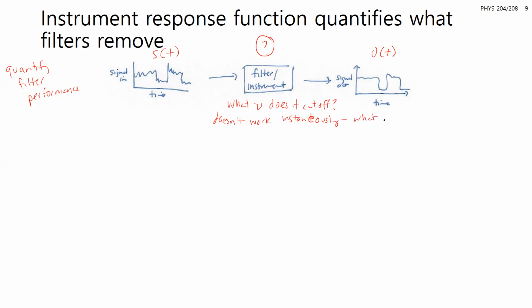So what is that time response? Which then has a relation to the frequency response. So that's important to understand, to know what we're able to remove from our signal using our filter to get our output here.